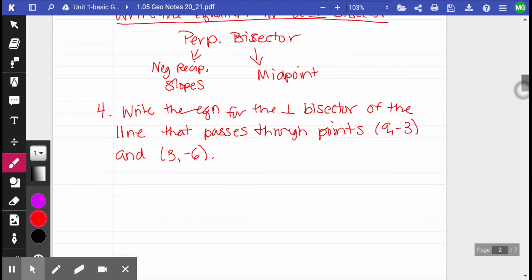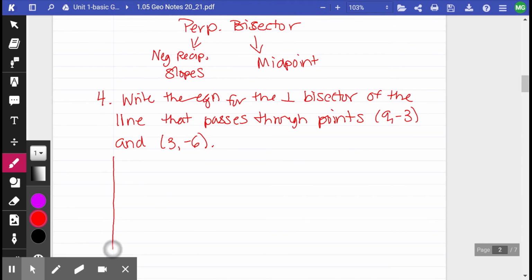So just so you can get kind of an idea of what we're talking about here, I'm just going to do a little bit of a sketch on a graph.